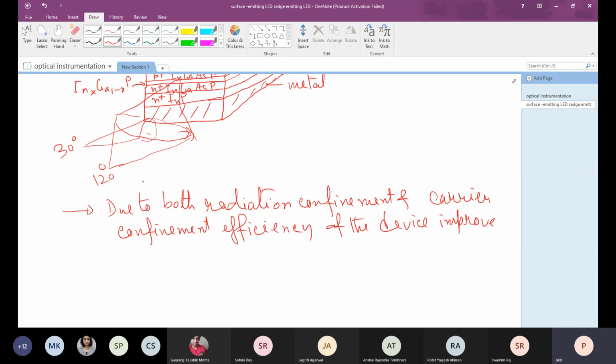So therefore, the beam will diverge much more in the vertical direction, and in the horizontal direction the size is larger, so truncation is not that sharp. Therefore, that will be of lesser divergence.